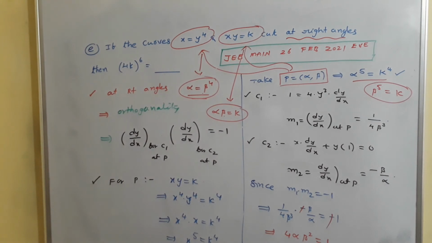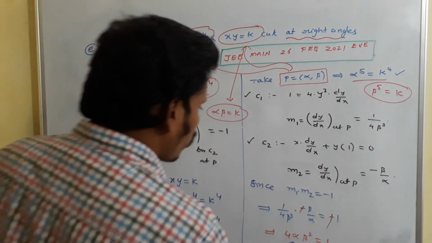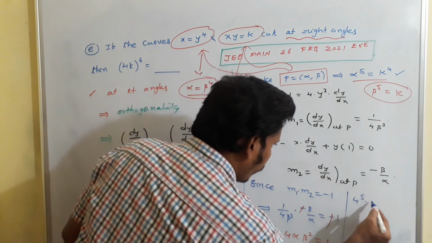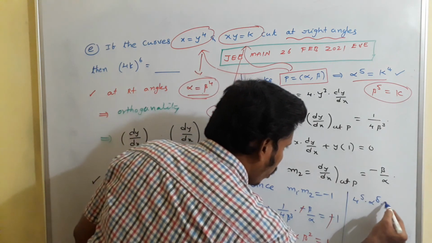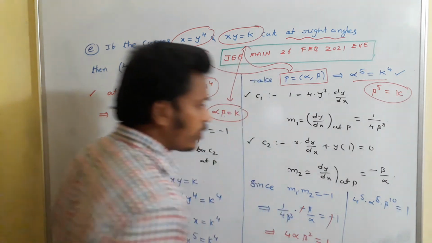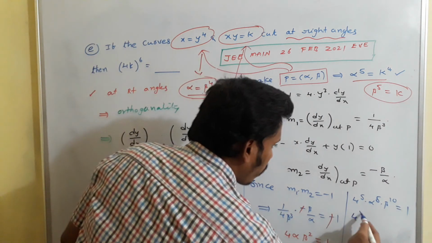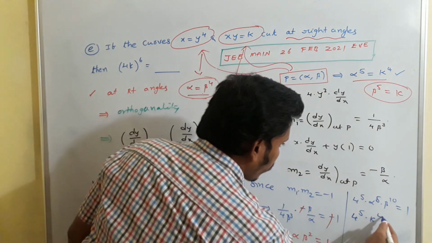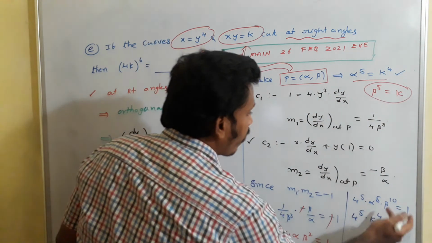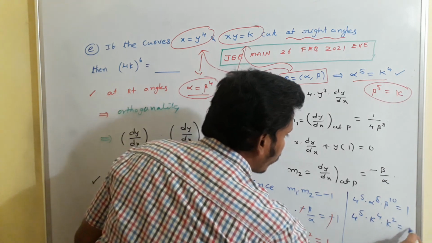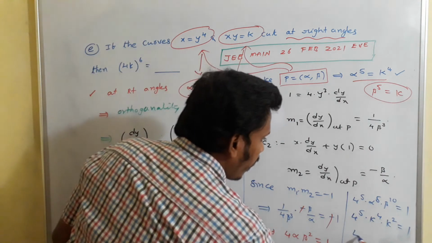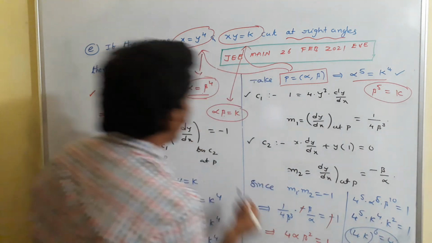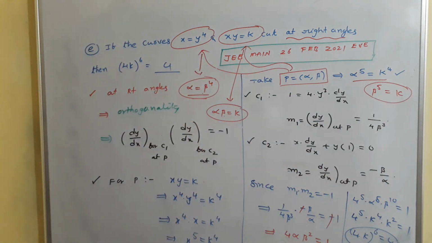Very simple, just have a look. We need to just apply power 5 on both sides. 4 power 5 into alpha power 5 into beta power 10 is equals to 1, since 1 power 5 is 1. Alpha power 5 is k power 4, and beta power 5 is k, so beta power 10 is k square. So if you simplify, the value of 4k power 6 is equals to 4, and your answer for the problem is 4. There ends the problem.